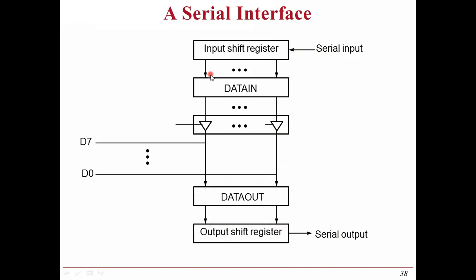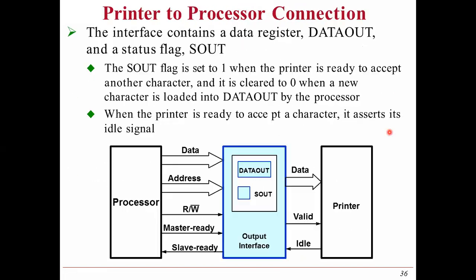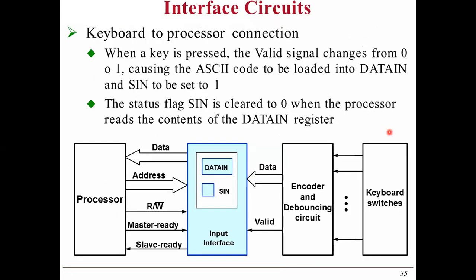So this is a serial interface circuit. These are the parallel port and serial port interface circuits which are used for data transfer between the I/O devices and the system bus. In the next class, we will start the next topic.